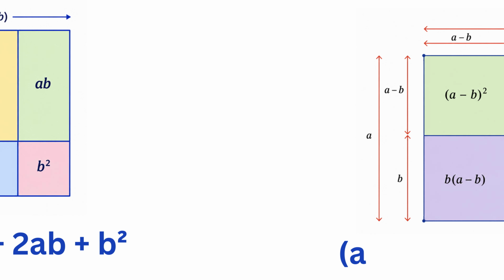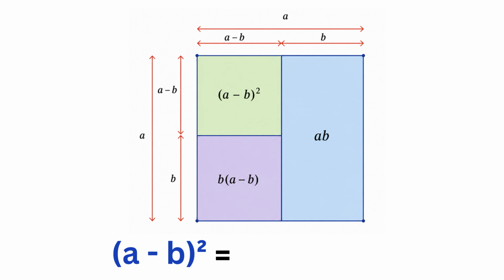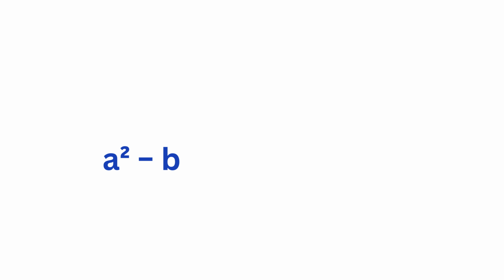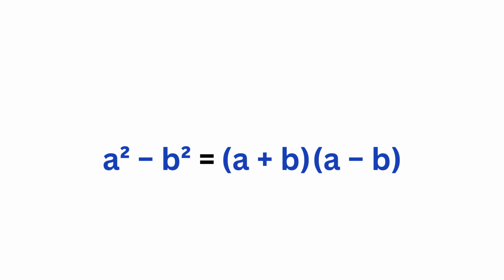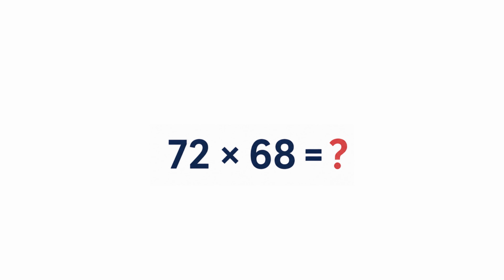Similarly, (a − b)² = a² − 2ab + b² can be understood by removing smaller regions from a larger square. Another powerful identity is a² − b² = (a + b)(a − b). How can mathematicians calculate 72 times 68 without performing the usual long multiplication?